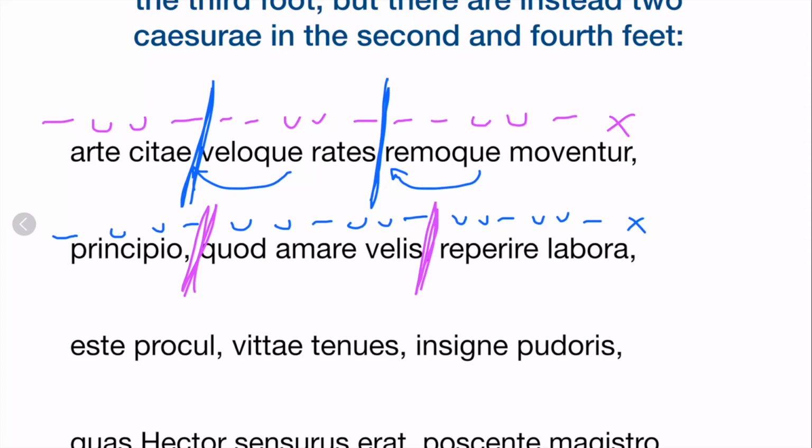That's a really clear example because you can see that is where the modern editor has chosen to put commas. And really often you'll find commas or other punctuation where the main caesurae in a line are. Okay? And that's it on caesurae.